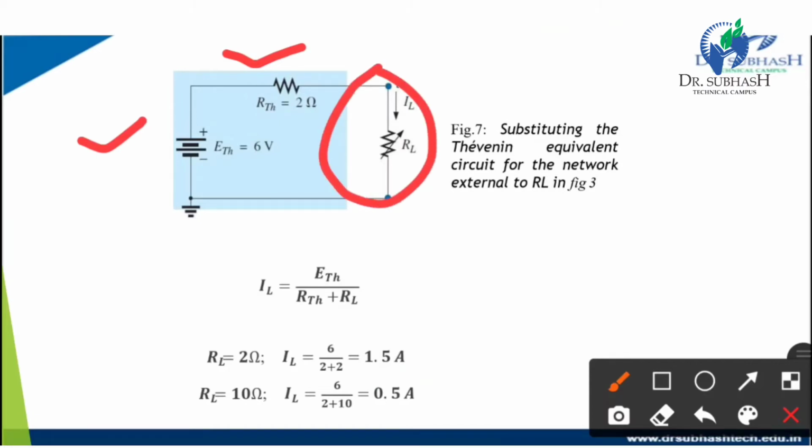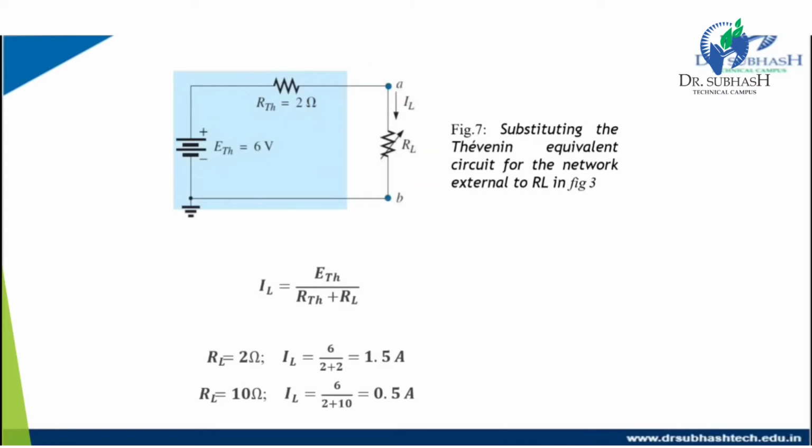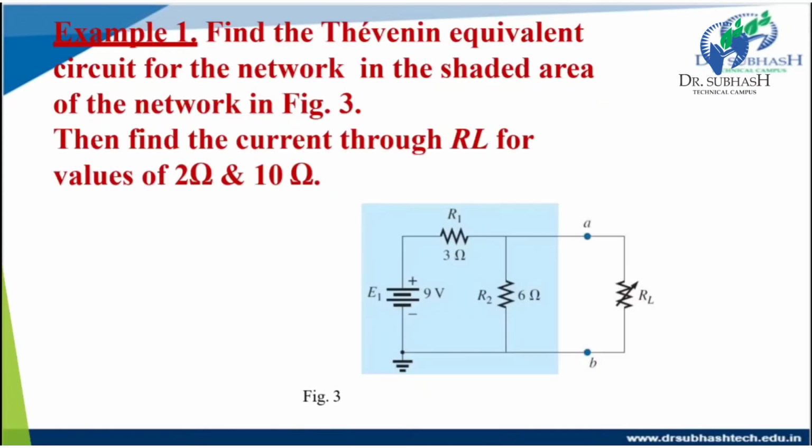So the last step is substituting the Thevenin equivalent circuit for the network external to RL. So this is the procedure that is followed in Thevenin's theorem. Now what they ask us to find in our example: find the Thevenin equivalent circuit for the network in the shaded area. So we did it.